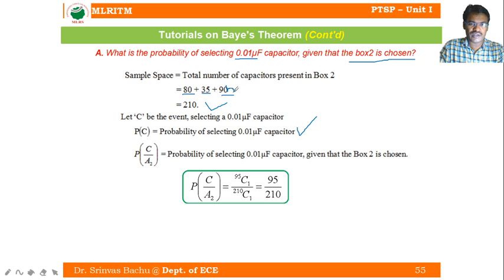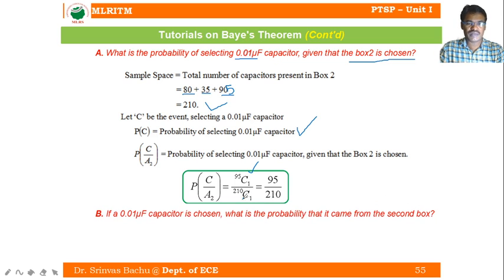So out of 95, I am selecting one capacitor, which is 95 C1 ways, and out of 210 capacitors I am choosing one capacitor from this lot, which is 210 C1. The probability is the favorable number of cases to the total number of cases. So the answer is 95 C1 by 210 C1, that is 95 by 210.